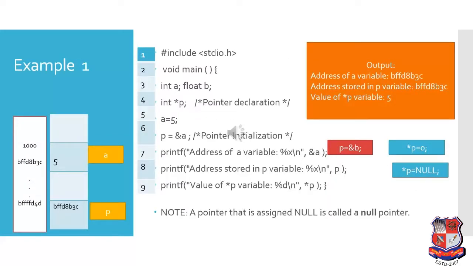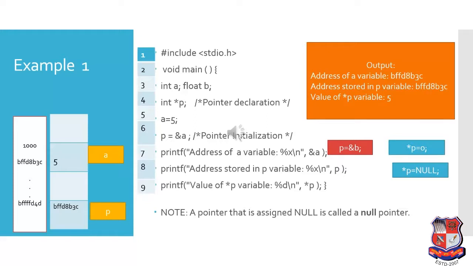Let us understand a simple C program showing how to declare pointers. Within main, we have declared a variable A as integer, B as float, and then a pointer of type integer.